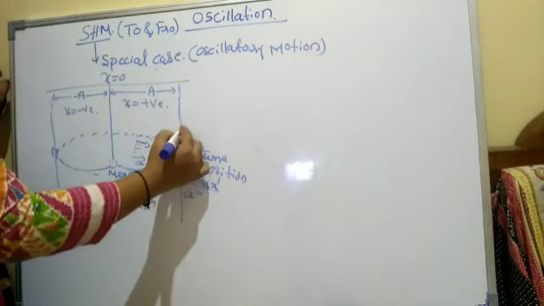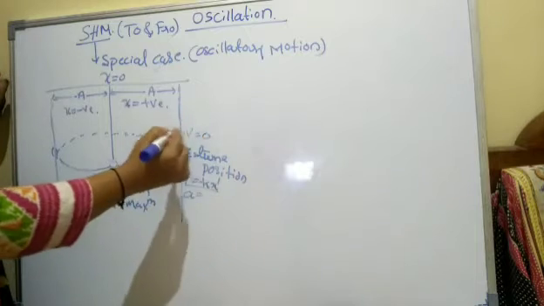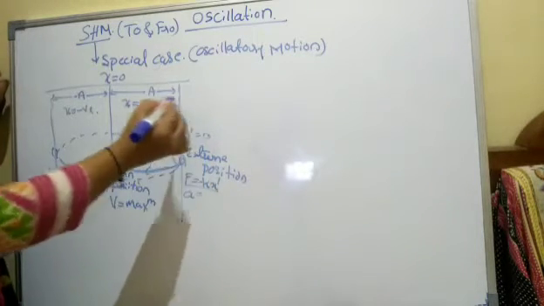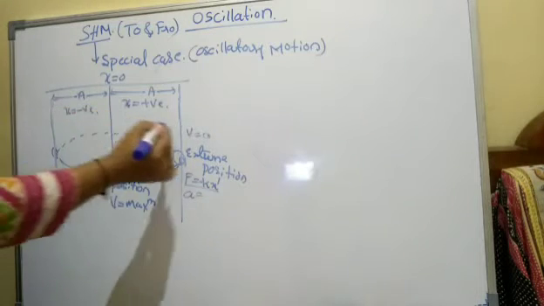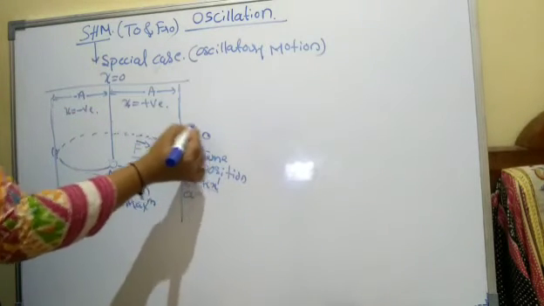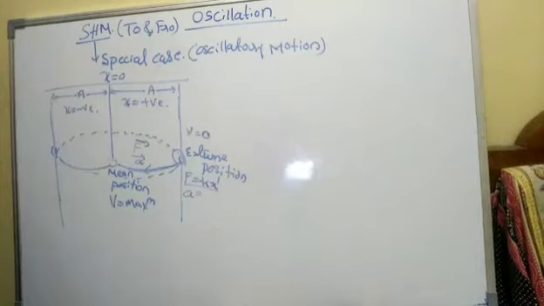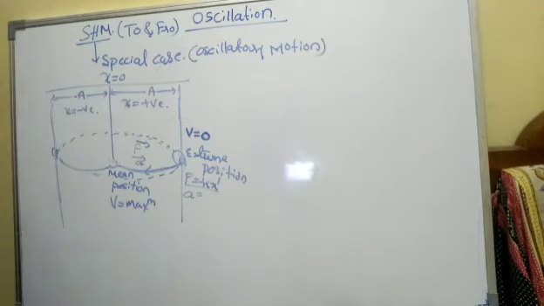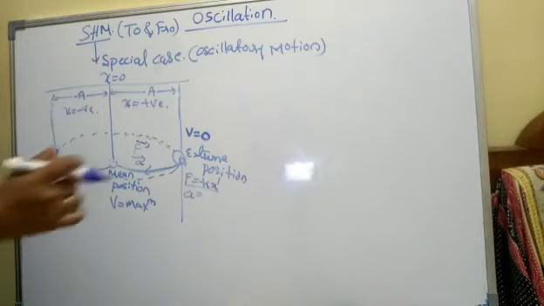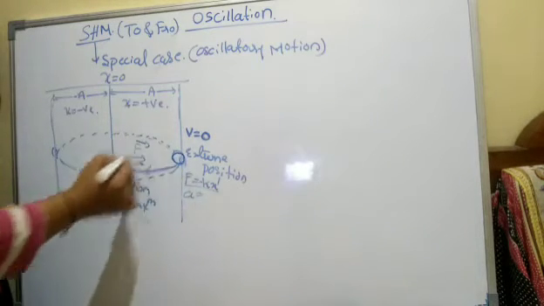In the extreme position, velocity is a minimum, equal to 0 at the extreme position of the particle.